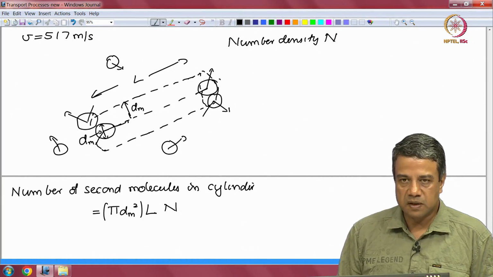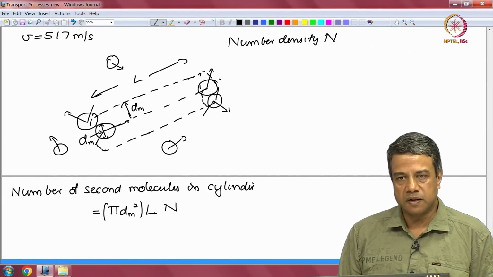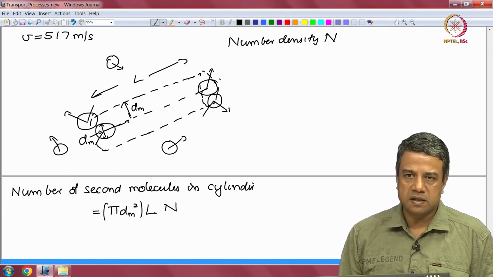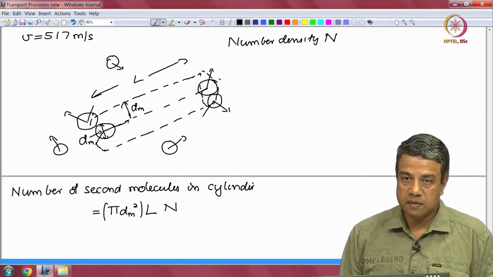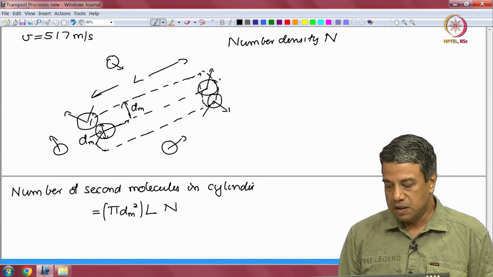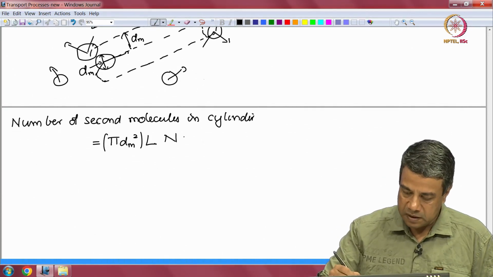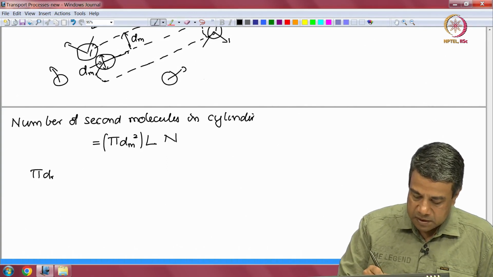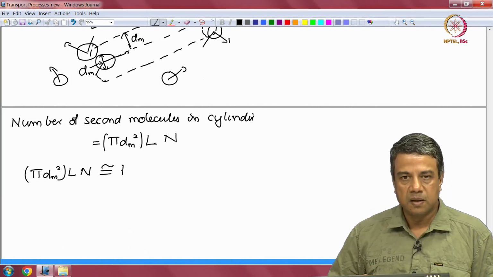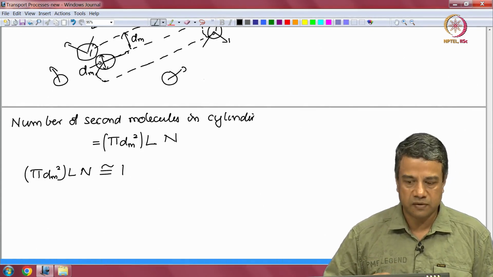Of course, if it travels a small distance, this number of second molecules is small. That means that the probability of a collision is small. If you go over a very long distance, then the number of second molecules becomes large, which means that most likely this molecule would not have reached that distance, it would have collided before that. The approximate distance that it will travel before it collides is when pi dm square times L times n is approximately equal to 1, because that means that there is approximately a second molecule within that and the first molecule would have collided.